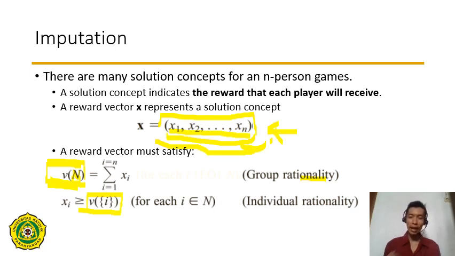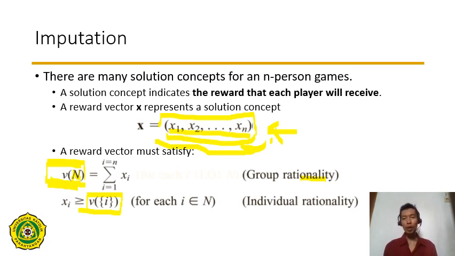Let's say if I act by myself doing a business, I will get a profit of 100. But then this solution concept says that I will only get 50. Then I will not accept this solution, or this solution cannot happen, right? Because in the worst case, if I act by myself, I will receive 100.